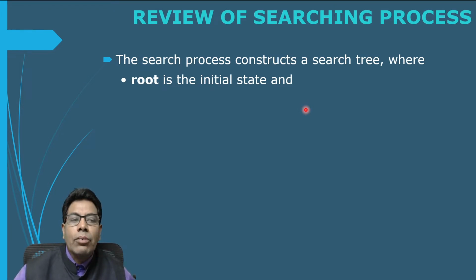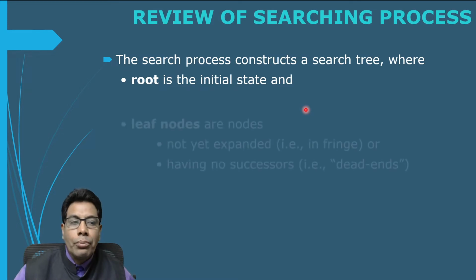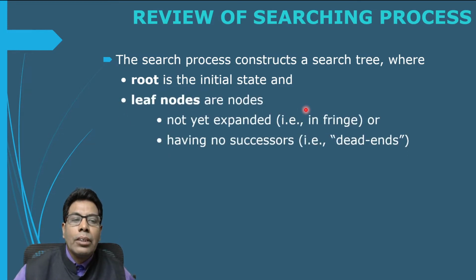Next, the search process constructs a search tree where the root is the initial state, and the search will always start from the root node. Leaf nodes are the nodes which are not yet expanded. They are present in the fringe, and they are also the nodes which have no successors, that is, dead ends.